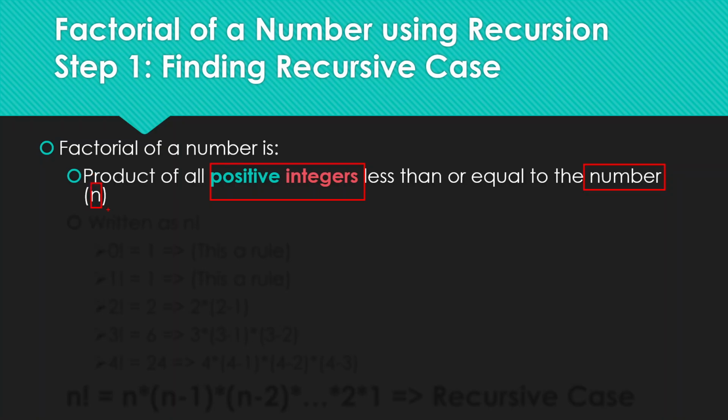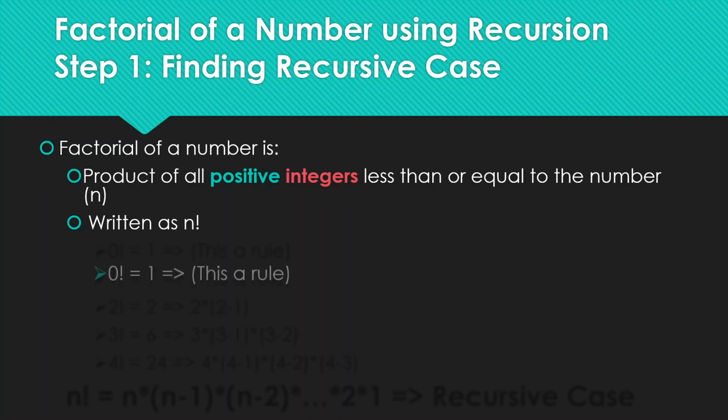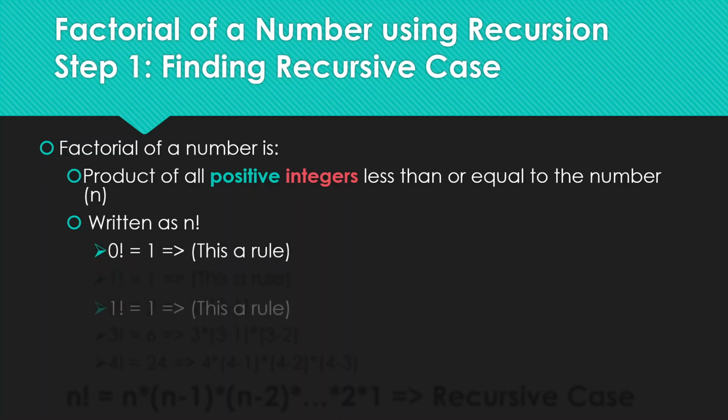So that is what we call a factorial of a number. It's normally written as n and an exclamation mark and read as n factorial. Now we have some rules. For example, 0 factorial is equal to 1 and 1 factorial is equal to 1. We do not have a mathematical formula to show that. It's just a convention in order for the factorial calculation to work.